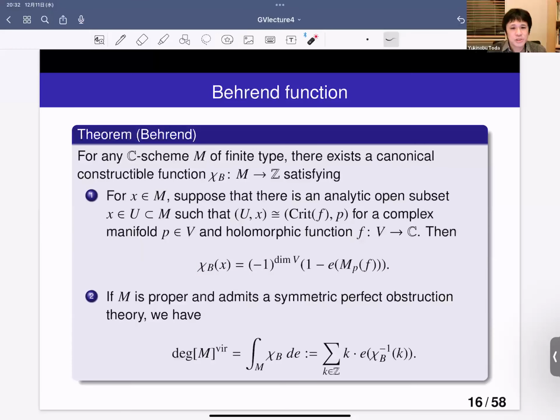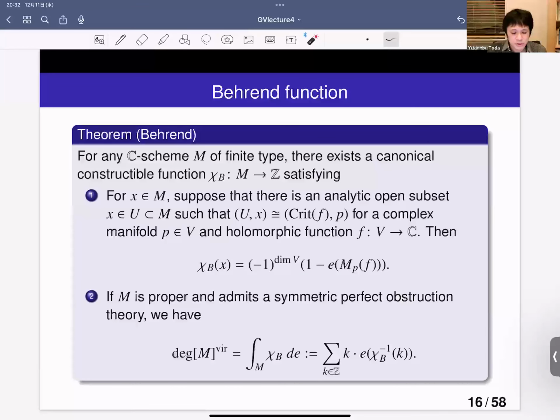In fact, for the moduli space of sheaves on a Calabi-Yau threefold, this M is always locally written in this way. So this is given by some critical locus of some function. So it is enough to consider the Milnor fiber to compute this Behrend function.